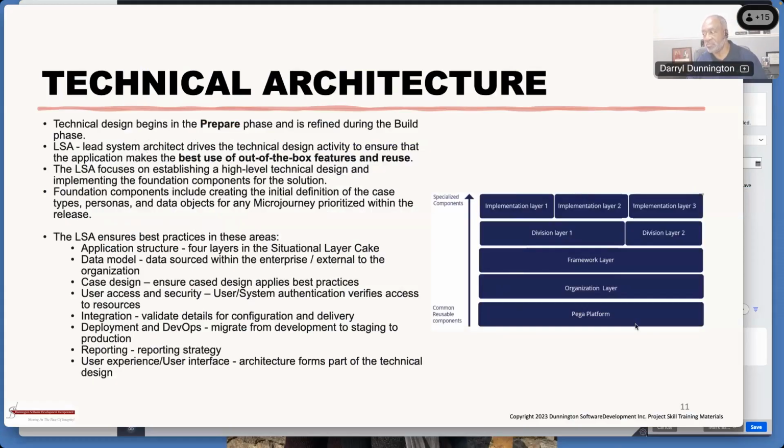Here again, the Pega layer is at the bottom. You have the organizational layer, the more general layer. We have the framework layer, divisional layer, which can have multiple divisions, and then the implementation layer. So here they show an image of the more specialized components at the top, reusability or generalization at the bottom.